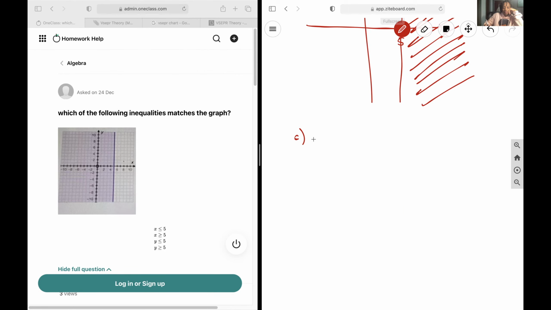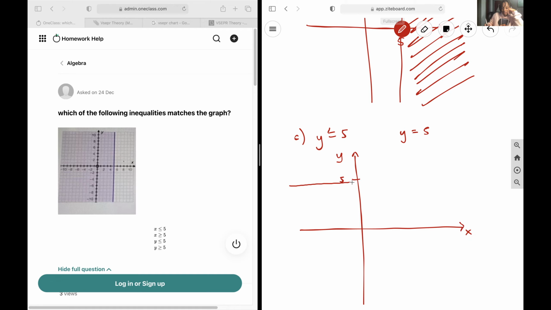Next up, we'll have y is less than or equal to 5. So again, we start with y is equal to 5. So we go here.